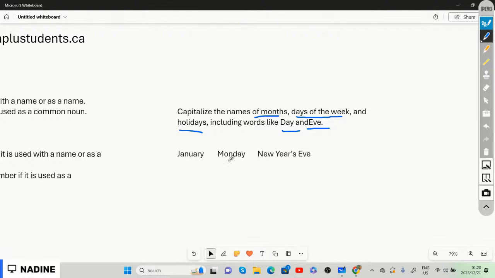So months of the year, right? For example, January, February, and as you can see, we capitalize the first letter of the month of the year.